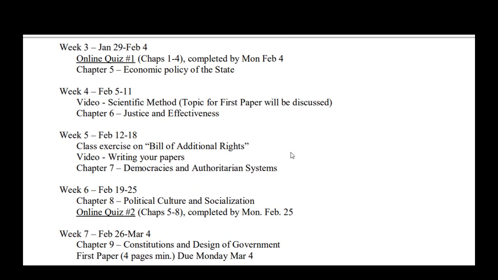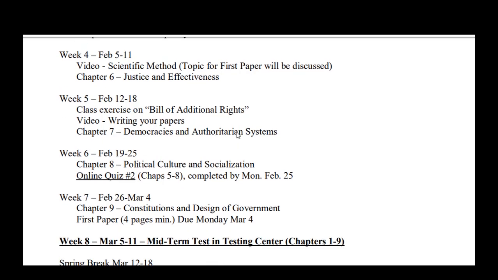And then as we get into week 4, I'll post a video about the scientific method and then start talking about your paper topic and how to look up your peer-reviewed journals. And then chapter 6, one of the topics in that chapter will be about the Bill of Rights and our Constitution.